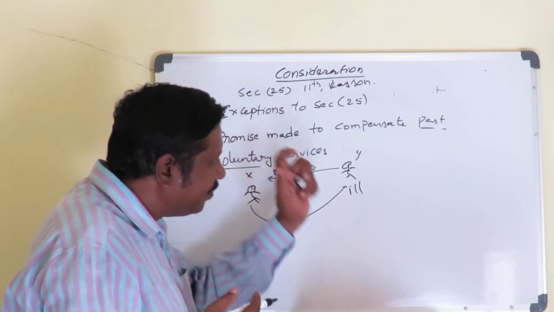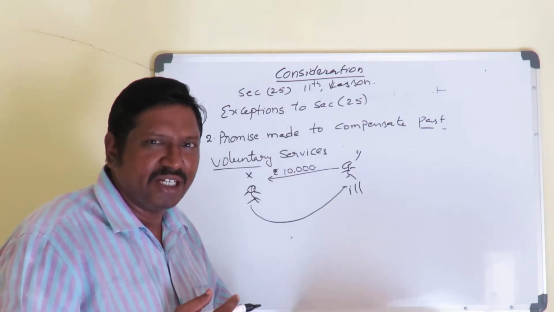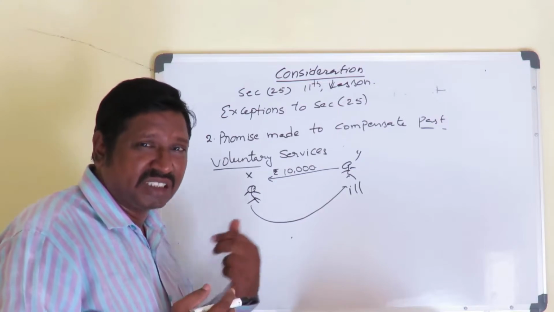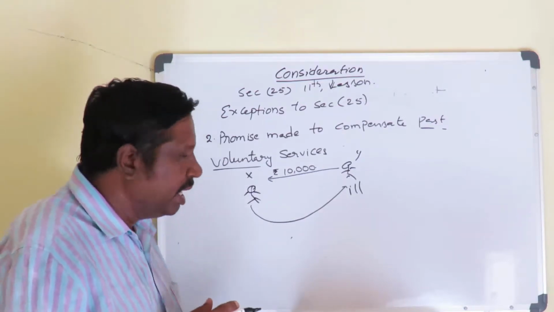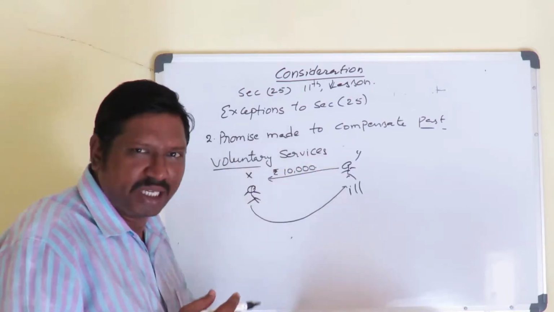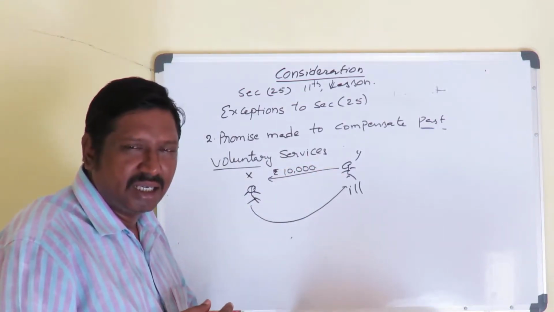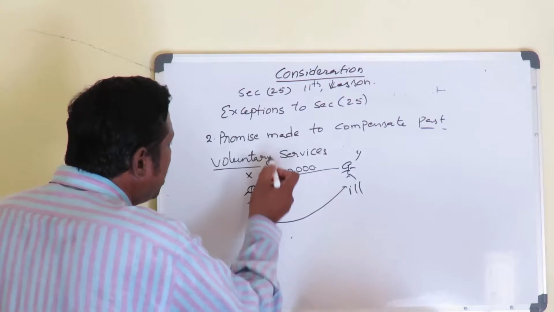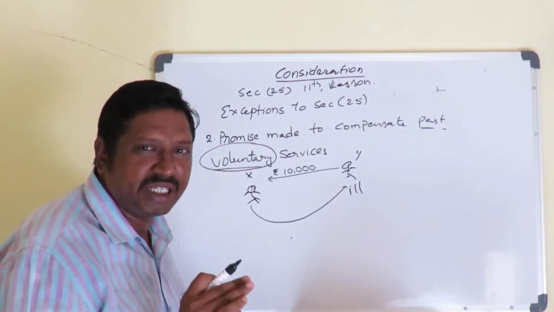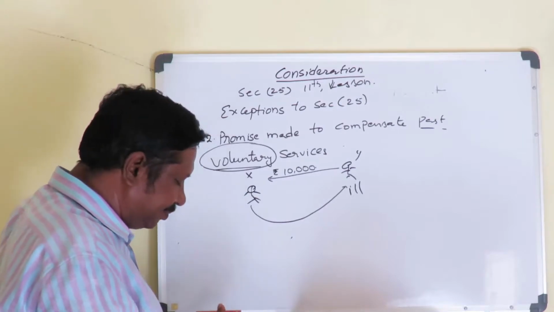Is there any fixed agreement between Mr. X and Y to compensate X's assistance or services? No. At that point of time, X didn't even know who Mr. Y is. X rendered the services voluntarily, without expecting anything.